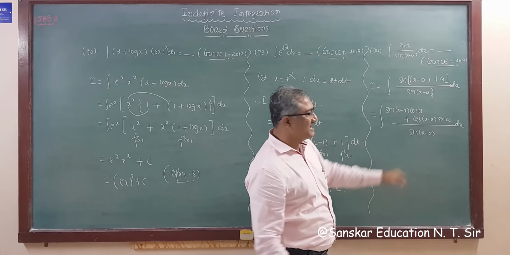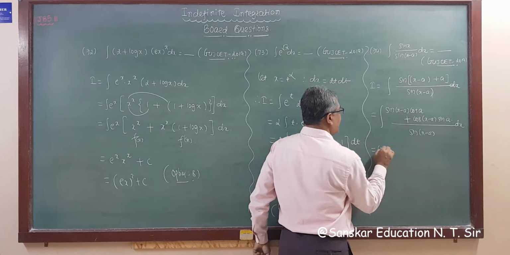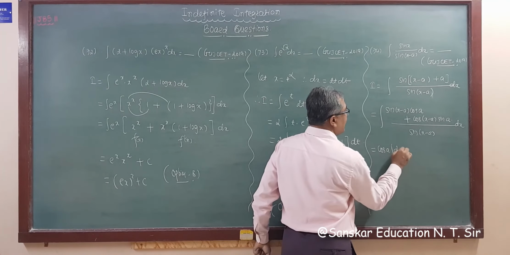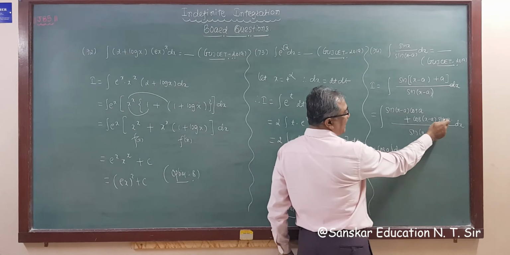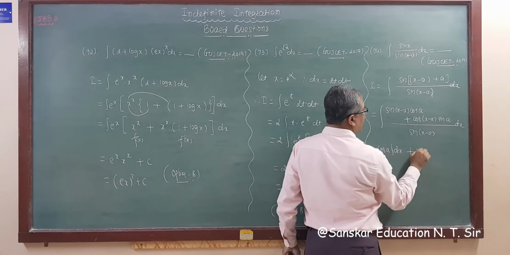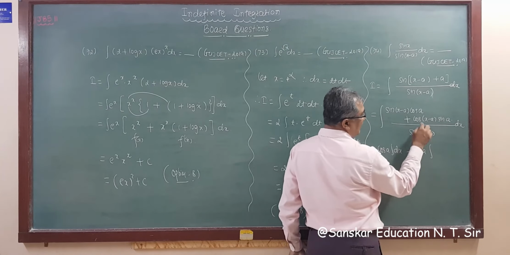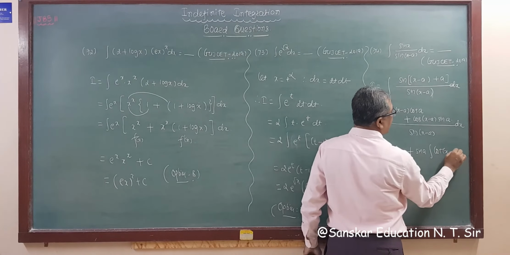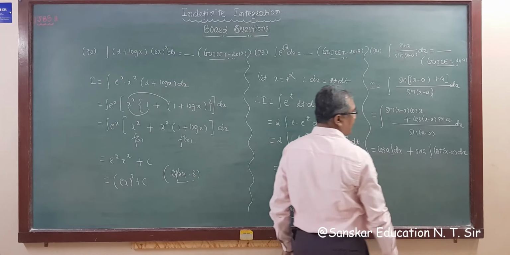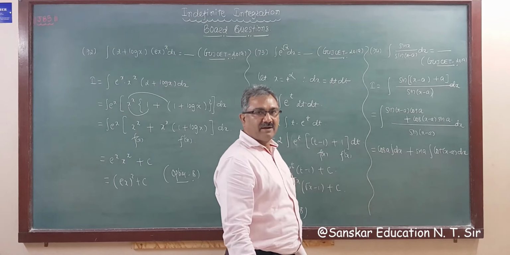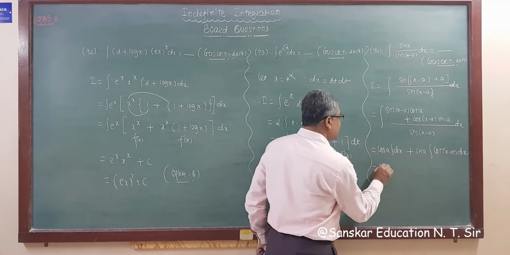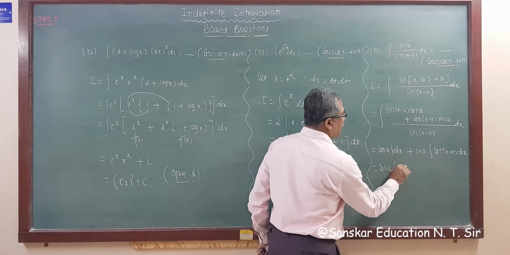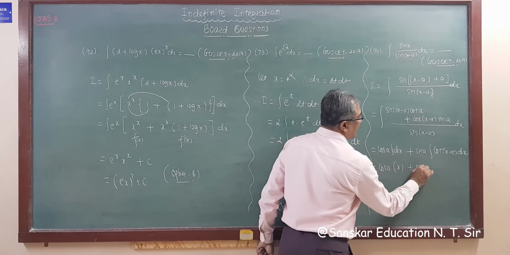So cos a is constant, writing outside of the integral sign: cos a integration dx, plus now sin a is constant, so sin a comes outside of the integral sign, integration of cos upon sin, that is cot of x minus a dx. Right? So this is cos a, integration of 1 is x, plus sin a.